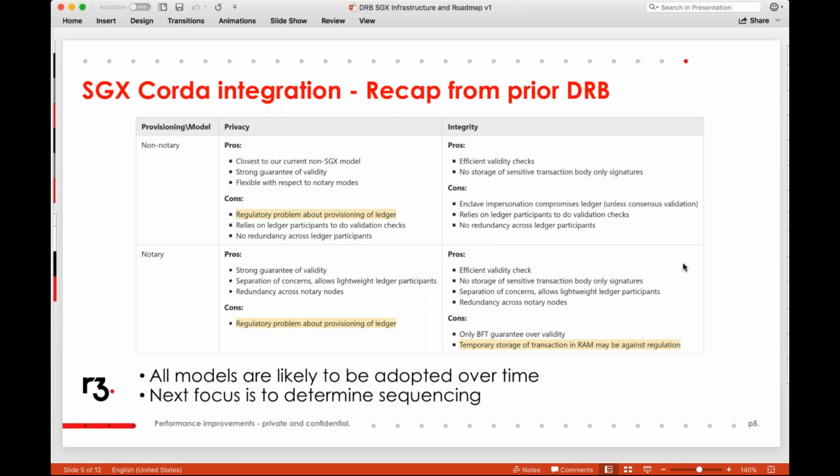The x-axis on this diagram is the what. So in the privacy model, we would store the full transaction chain encrypted with SGX, and in the integrity model, we would store only signatures over transactions.